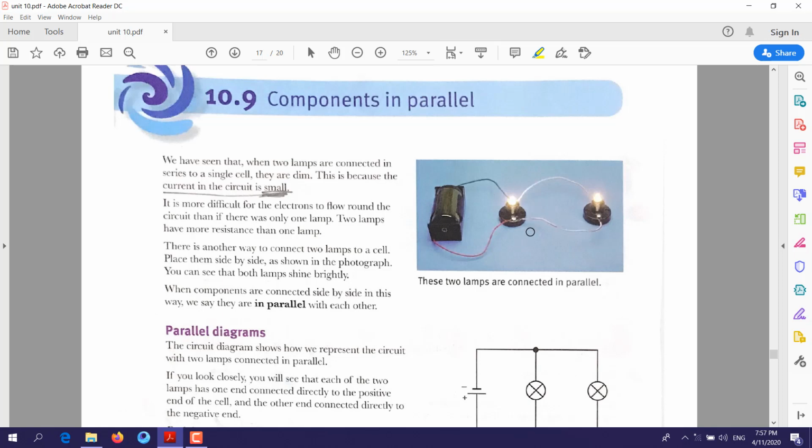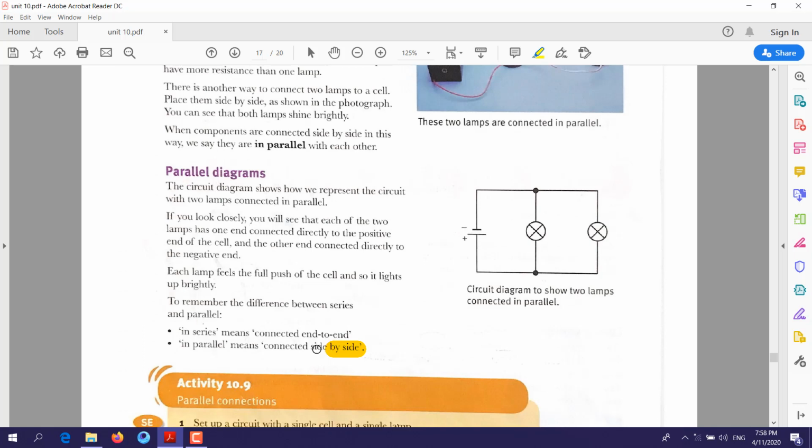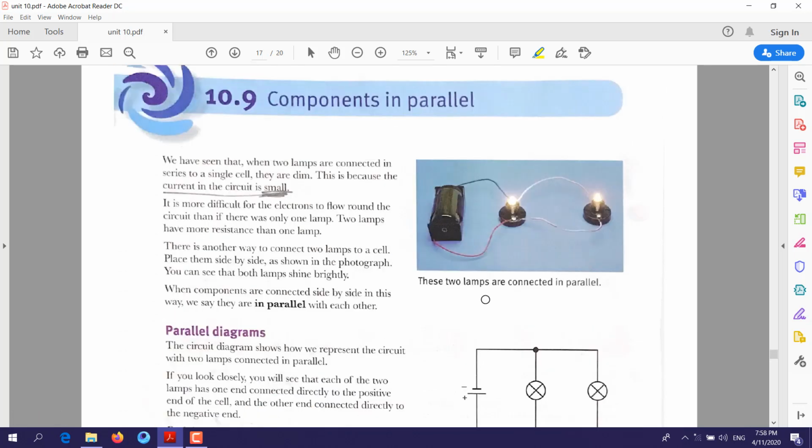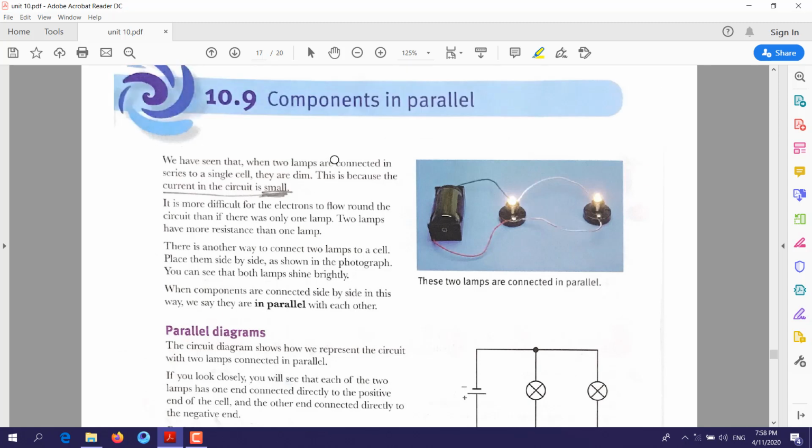You can connect the bulbs in another way, which is side by side. Here what is happening is they are connected side by side. In this way, we call it a parallel electric circuit.